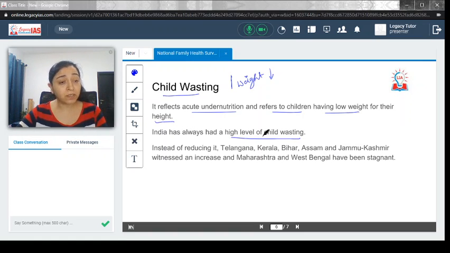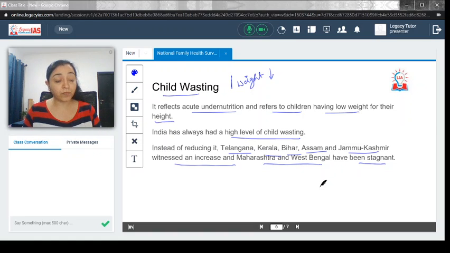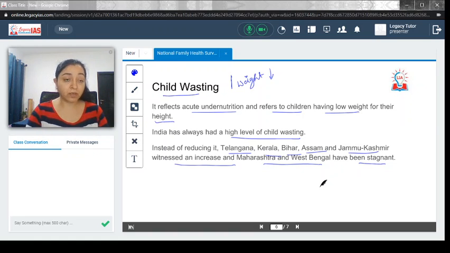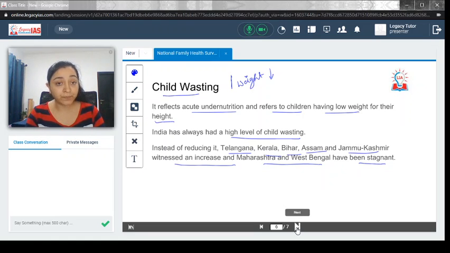You must have seen in photographs that the child looks so thin, so lean, and that is the phenomenon known as child wasting. Instead of reducing, Telangana, Kerala, Bihar, Assam, Jammu and Kashmir witnessed an increase, and Maharashtra and West Bengal have been stagnant. So again, we are not making many headways in improving the nutrition of children and decreasing the instances of malnutrition.